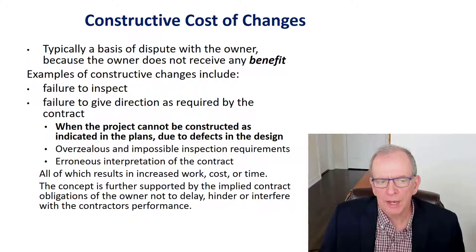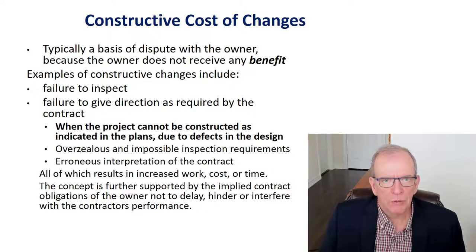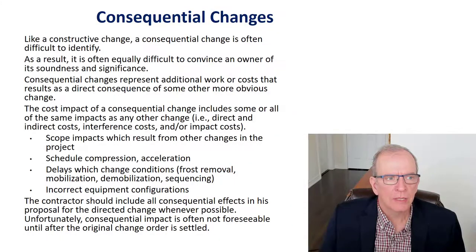So these are all areas where, I'm the owner, I don't get any extra value out of this, so I don't see the positives to it. On the directive one, I'm typically asking for something more and I can see a benefit. Or if there was a design error or something along those lines, I don't necessarily see that.